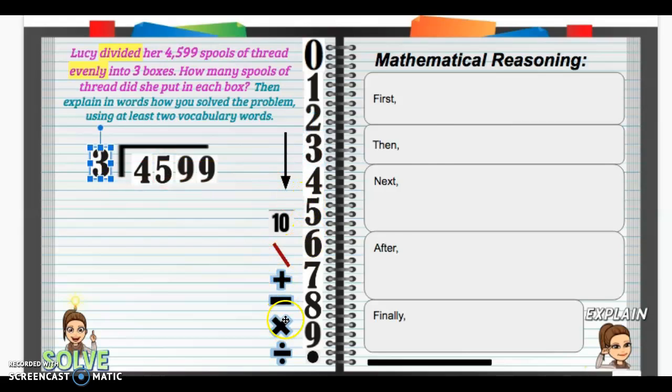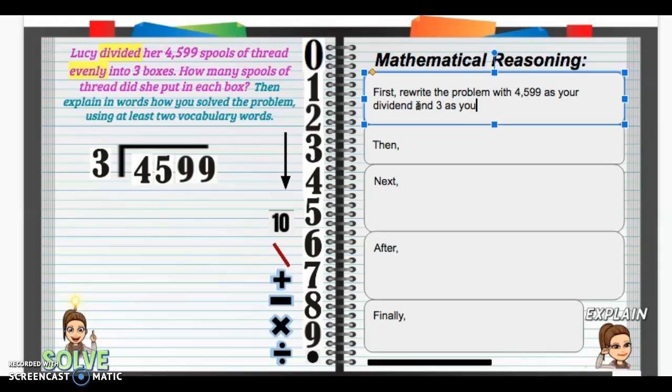And then you're going to say, first, rewrite the problem with 4,599 as your dividend and 3 as your divisor.